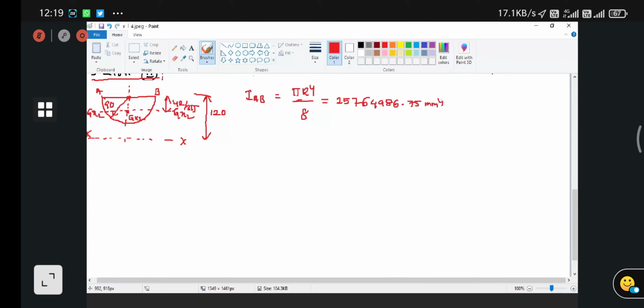This is from the base axis. Okay, so the moment of inertia about AB, that is the base axis for the semicircle, is 2576498.675.